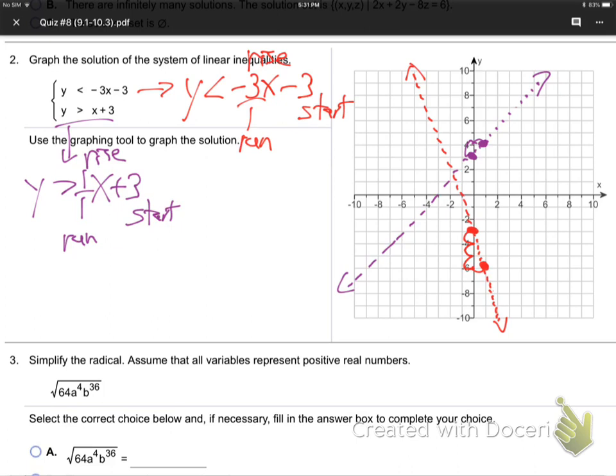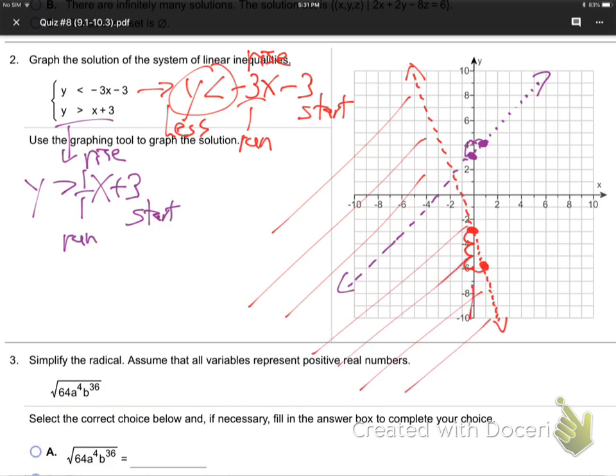Now, where's the shading go? So for the red one, y is less. Shading for the red line is below. This is below that line, right? See the y-axis where it goes down to negatives, y less, the lesser y-axis values. Next, this is y greater.